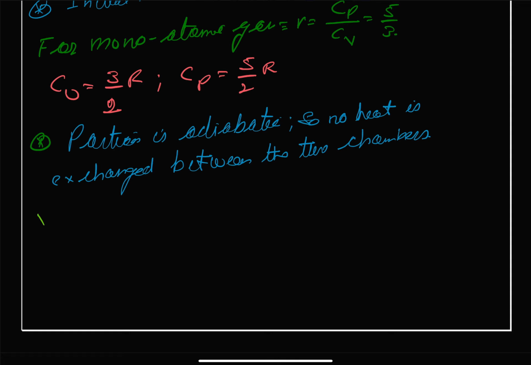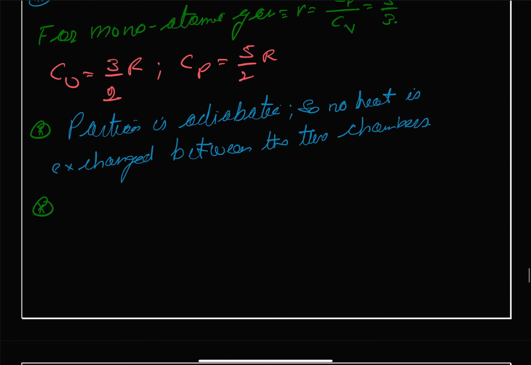So you can say that the final pressure in both the chambers, or we can say final condition, at least with respect to the pressure, that is our PF, is given to us as 243 P0 divided by 32.